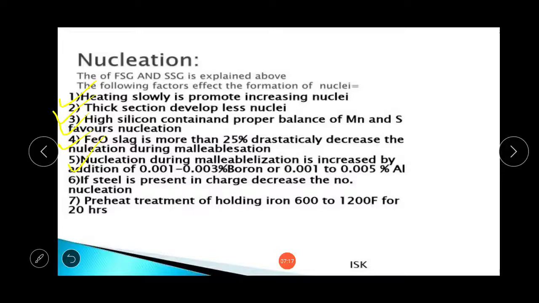Sixth point, if steel is present in the charge, it decreases the number of nuclei. Next, seventh, preheat treatment of holding the iron at 600 to 1200 Fahrenheit for 20 hours.